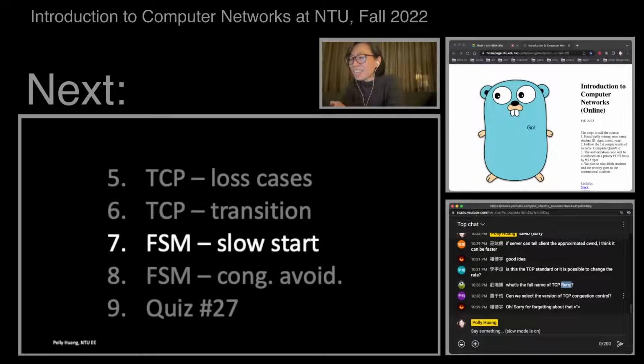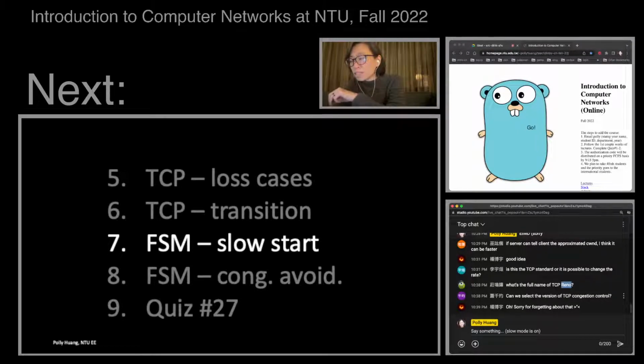Okay, Chinti. So if we don't like Tahoe, can we select to use Reno? Or maybe there's a newer version of TCP. I know you guys are probably thinking that the strategy is not going to adapt really fast. But you know what, Chinti?